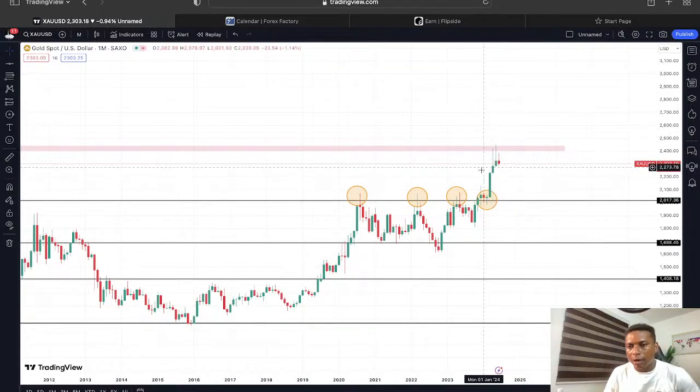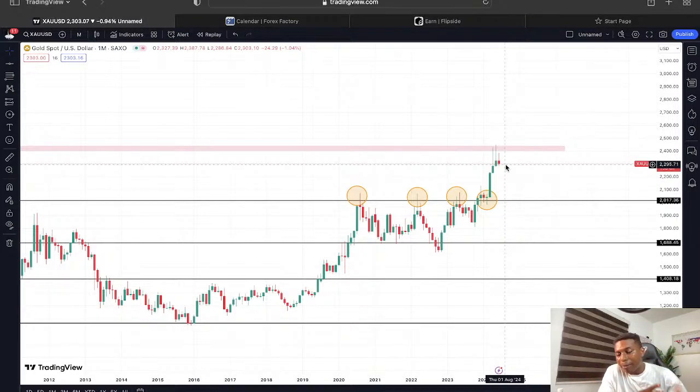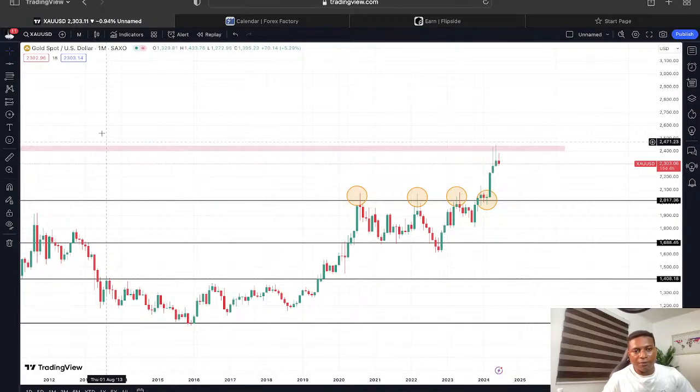Of course, this is a monthly time frame, so it's only giving us a broader perspective, which is also very significant to our analysis and to our forecast, our future expectation.